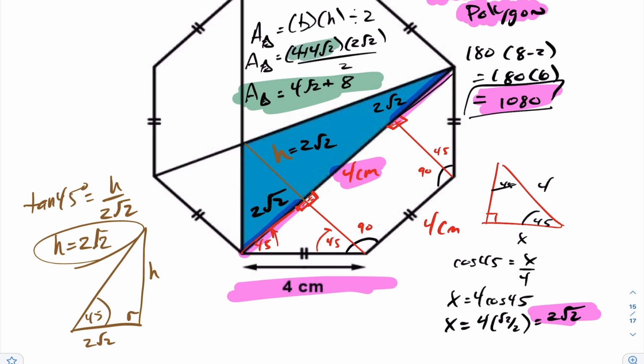This is my base. I then multiplied by the height, which we found to be 2 root 2, and divided that by 2. So just to save a little bit of room, the 2's cancel. Distribute that, you get 4 root 2, and then root 2 times 4 root 2 becomes 4 times 2, which gives you 8. And the area of the shaded region here is 4 root 2 plus 8. Thank you.